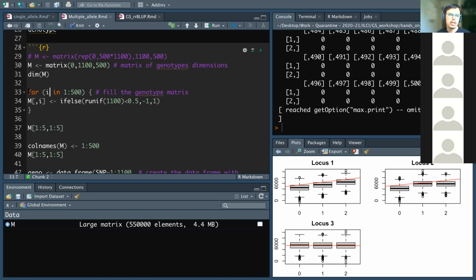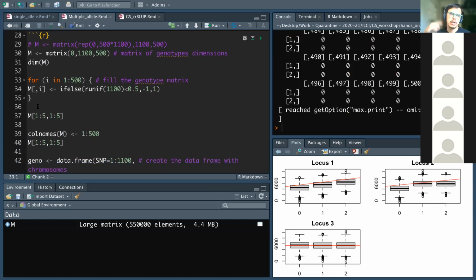And we're gonna use a for loop here. I try not to use a lot of for loops because I don't know if you are familiar with that, but in some cases I just cannot avoid using for loops. A for loop is just a way that R has to repeat the same process multiple times.